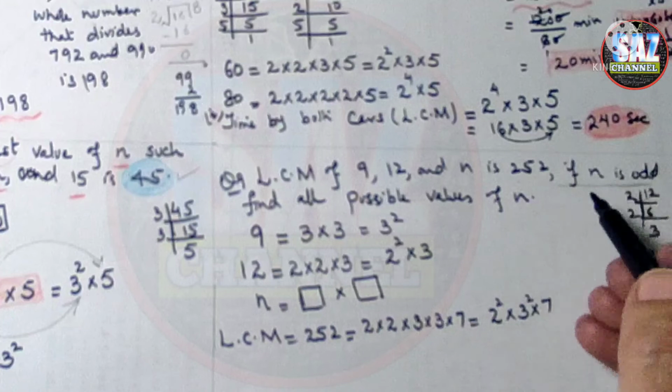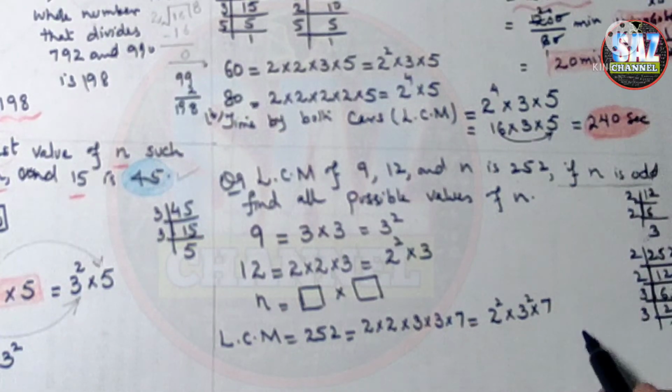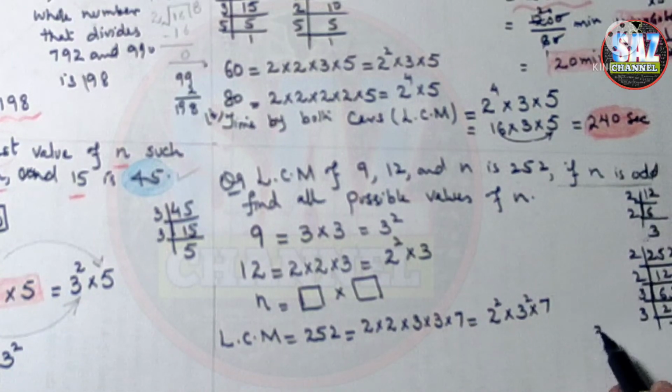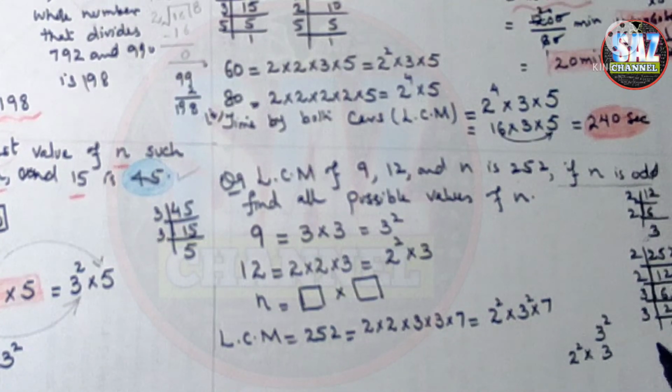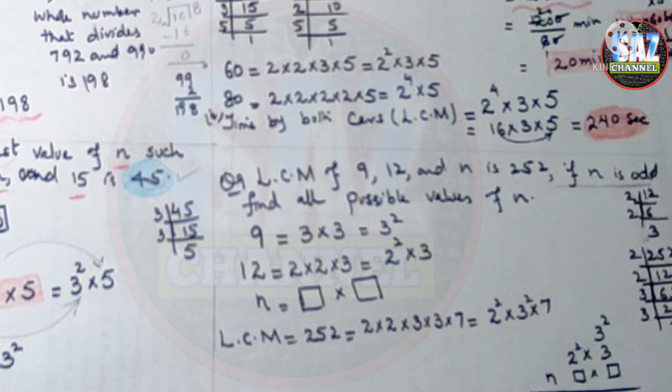Let me write the factors once again for thinking purposes. 3 square, and this is 2 square multiplied by 3, and the third number we do not know. That will also have some factors. And the LCM is 2 square multiplied by 3 square multiplied by 7.